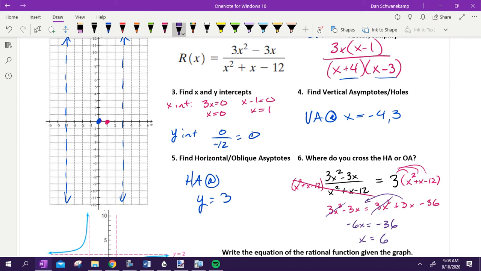So x is going to be equal to 6. So on my horizontal asymptote, okay, my horizontal asymptote was at 3. On that horizontal asymptote, I'm going to have an intercept when x is 6. So I'm going to cross that line right there. You can cross horizontal asymptotes. It's totally fine.